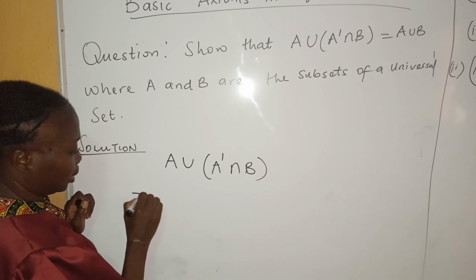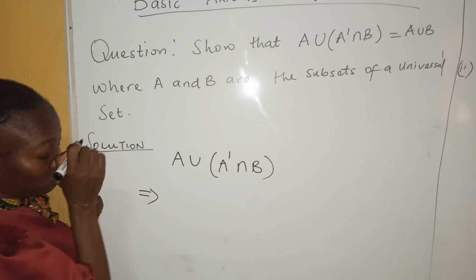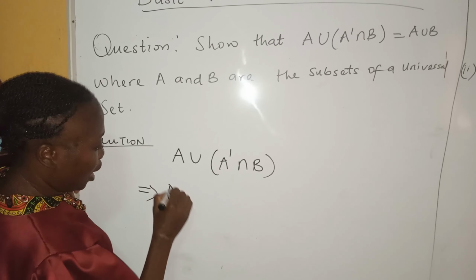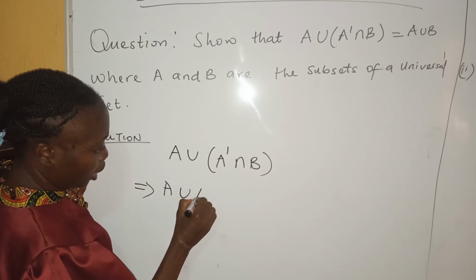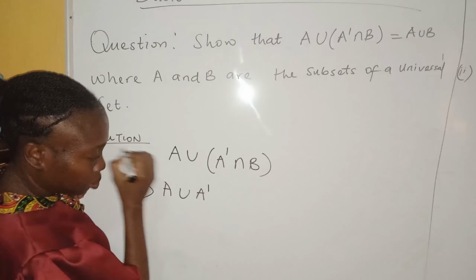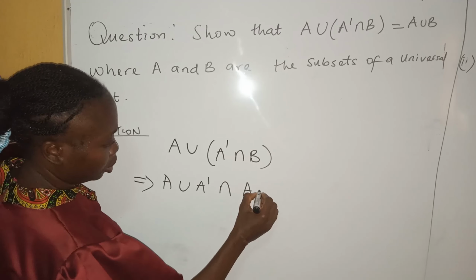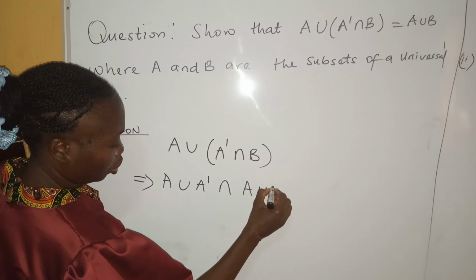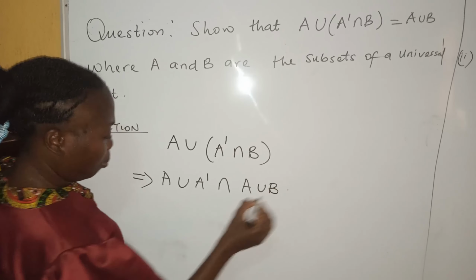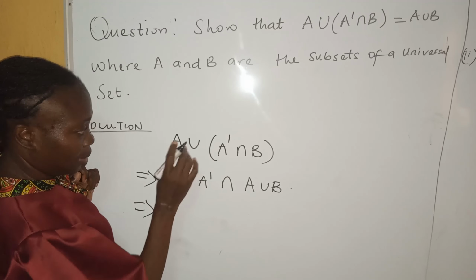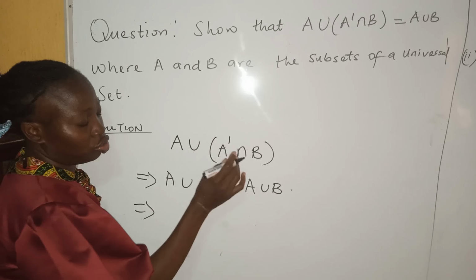Using the distributive law, we say (A union A complement) intersection (A union B). Don't forget, union is distributive over intersection of a set.